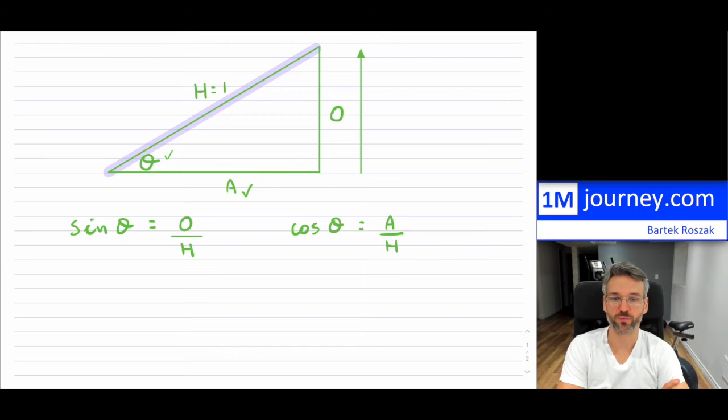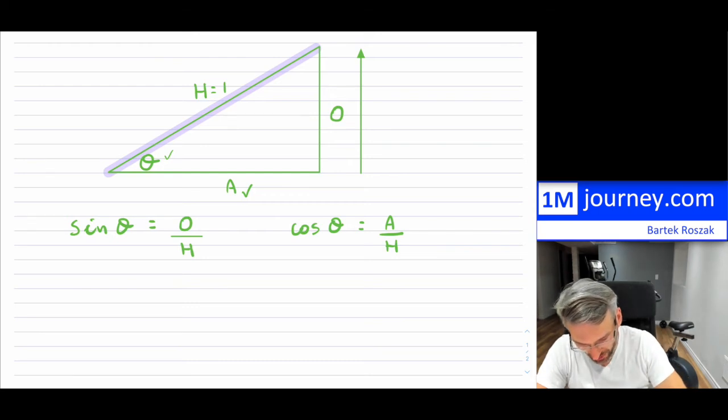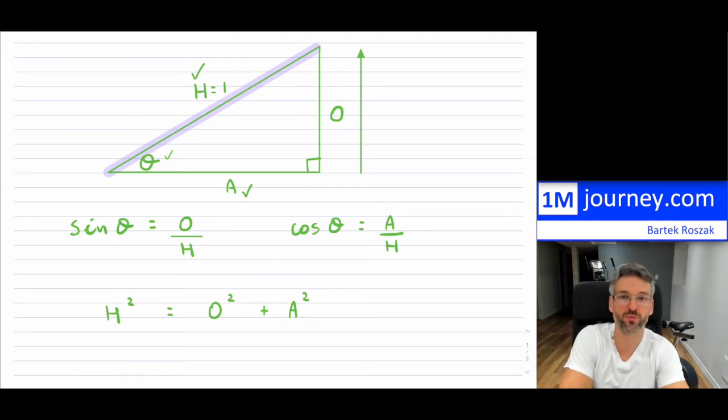First of all, we know from the Pythagorean theorem, because this is a right angle, that the hypotenuse squared is equal to the two sides squared, so your opposite side squared plus your adjacent side squared.